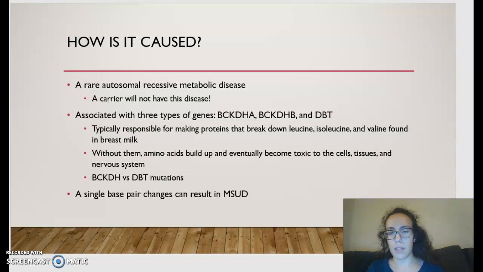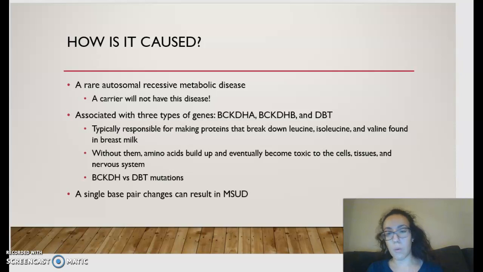Without them, these amino acids build up in the body and will eventually become toxic to cells, tissues, and especially the nervous system. So, the way that the BCKDH genes and DBT mutations affect the body are a little bit different. The BCKDH enzyme complex helps to break down those amino acids, while the DBT produces a protein that is critical for that complex to function.